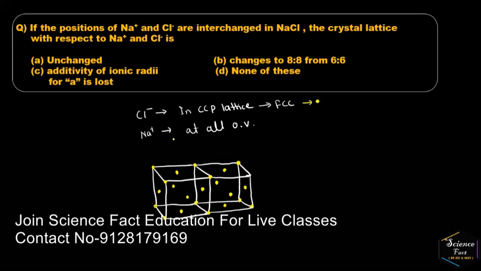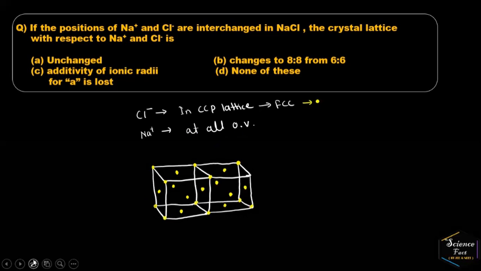And Na+ ions are present at all octahedral voids. Let's suppose that this ion is represented by a blue sphere.